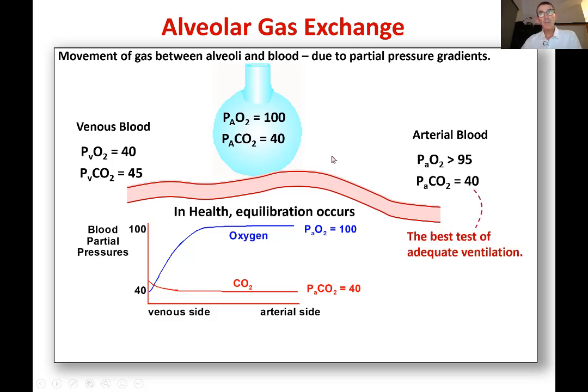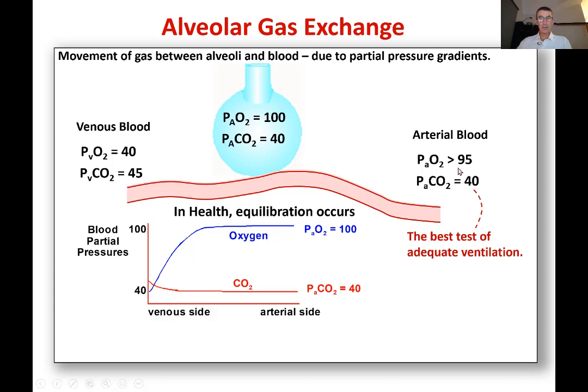So you might remember from the last slide, I mentioned that alveolar carbon dioxide pressure was inversely proportional to ventilation. So that fact, along with the fact that there's very small differences between alveolar carbon dioxide pressure and arterial carbon dioxide pressure, means that arterial blood gases and looking at the CO2 pressure is the best test of whether the patient is adequately ventilating.